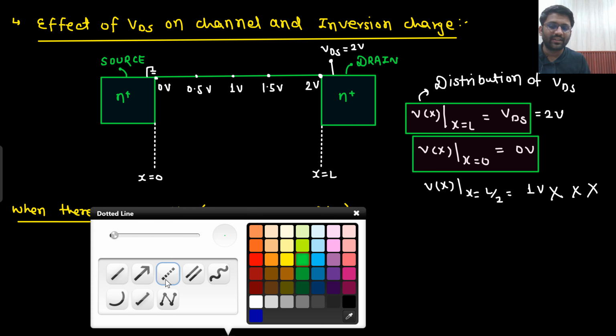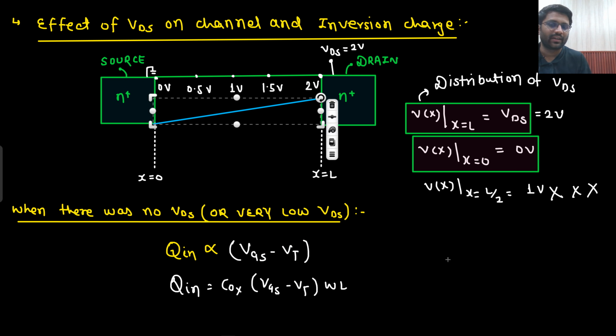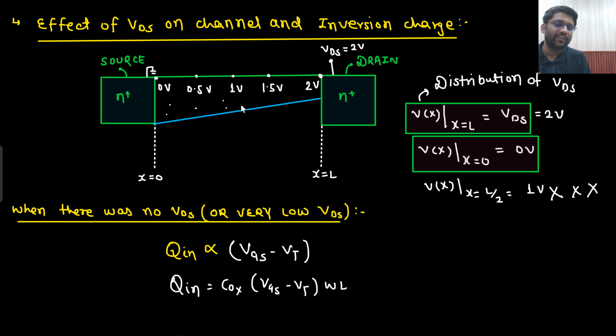Because this kind of depletion region we are getting, no? In a crude way, if I show it, this kind of depletion region, or inversion layer, we are getting. So here there is less resistance, then there is more resistance, then even more resistance, right? So it is not necessary that at the midpoint only you will get the 1 volt. So this is also wrong.